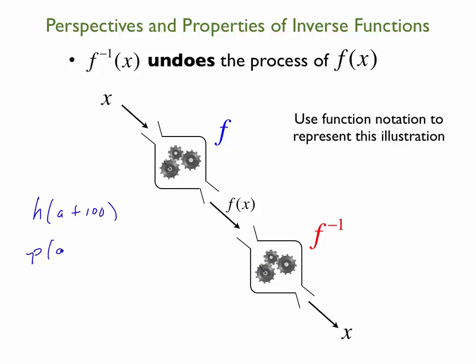P, like p of q of 3. g of 8 minus g of 4. Those are examples of function notation. Can you write me function notation that represents this whole picture? If you can, you're doing good. You understand what's going on.